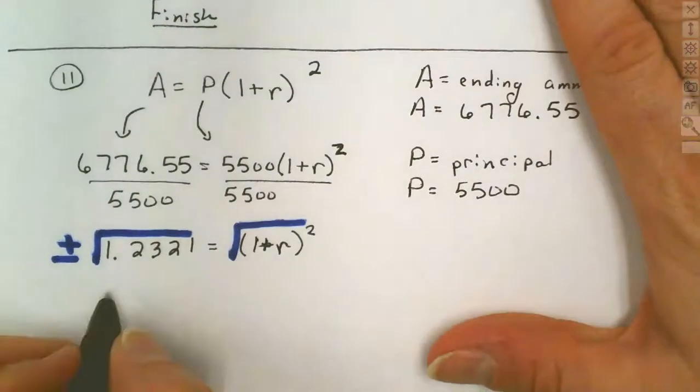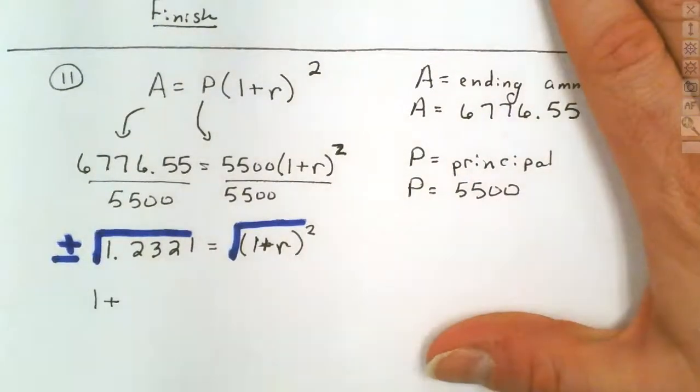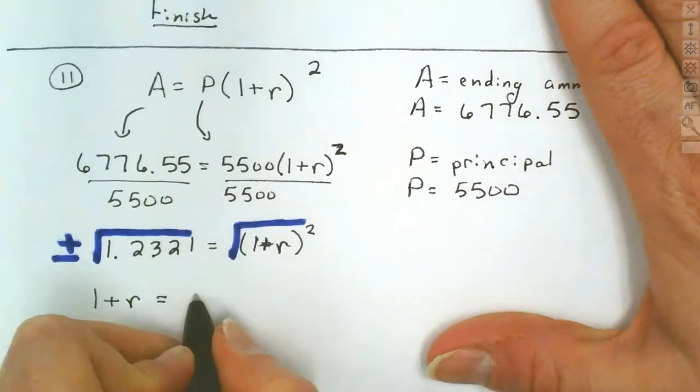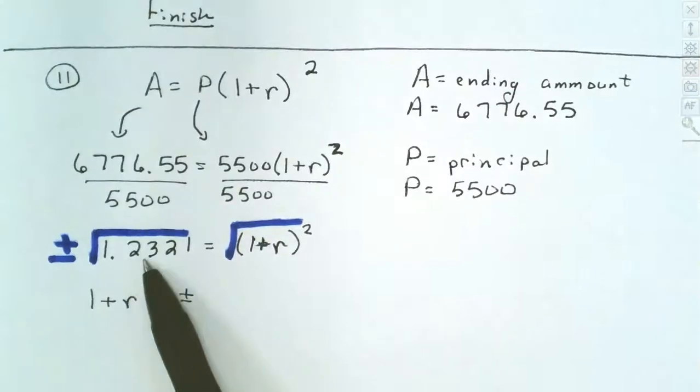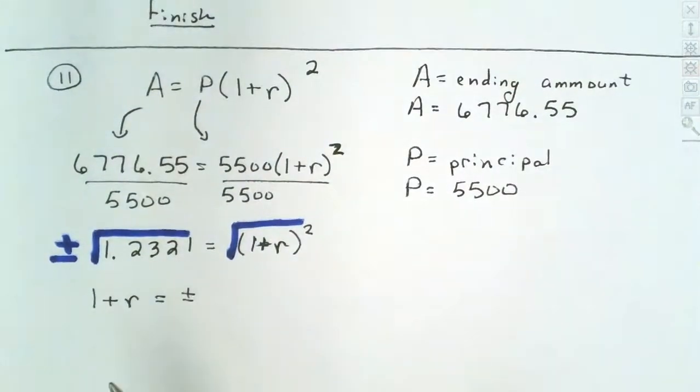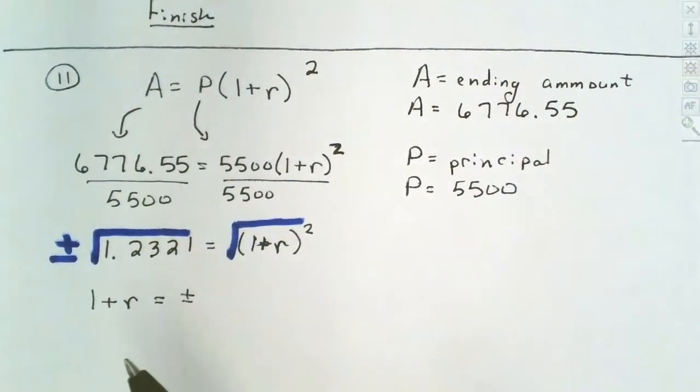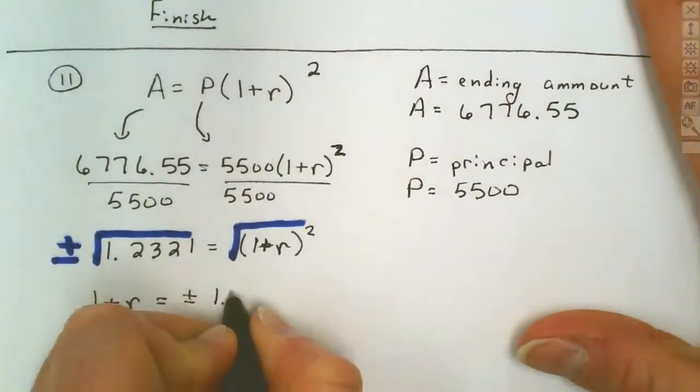So now when we rewrite, we have 1 plus R equals plus or minus the square root of 1.2321, which comes out to be 1.11.